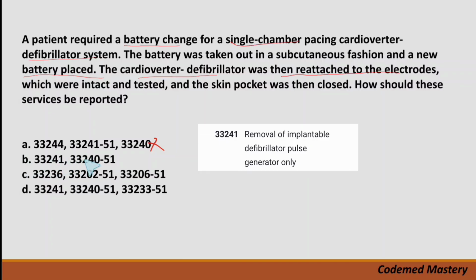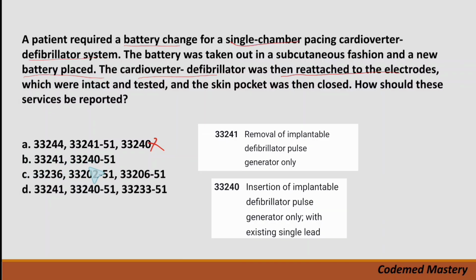Let us check also 33240, which is mentioned with it. So 33240 is for insertion of implantable defibrillator pulse generator only. So here in the question you can see they have mentioned new battery is placed. So 33240 is for insertion of implantable defibrillator pulse generator only with existing single lead. So it is matching with our question.